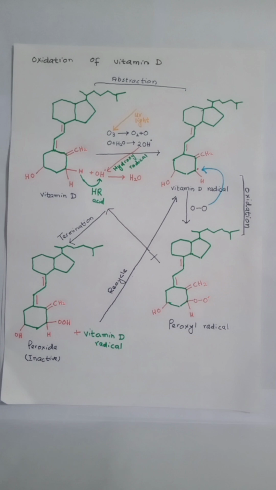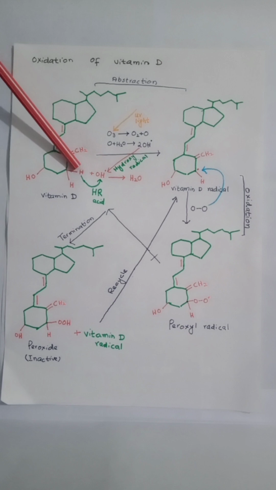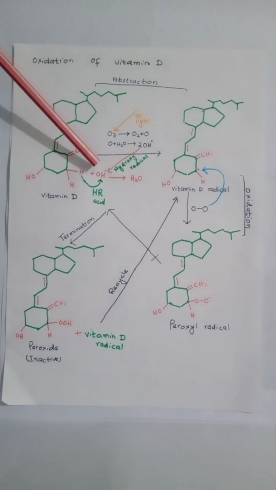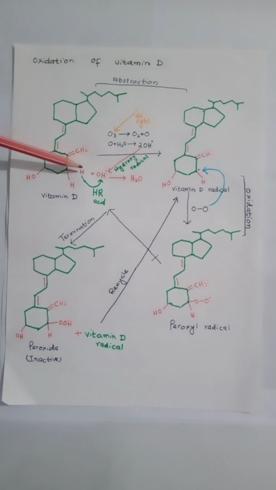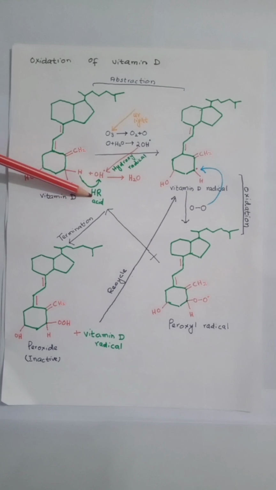One important thing should be kept in mind: the formation of a vitamin D radical from vitamin D by attack of the hydroxy radical is accelerated by acid, because acids have the property to transfer protons, and this proton is transferred to the hydroxy radical very rapidly when the pH is acidic.